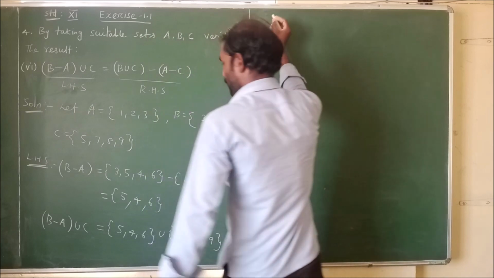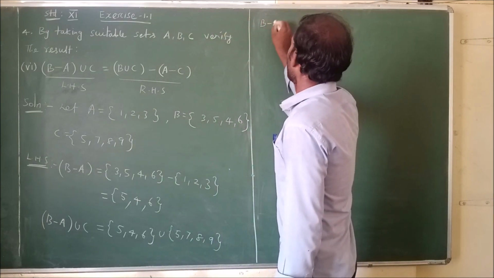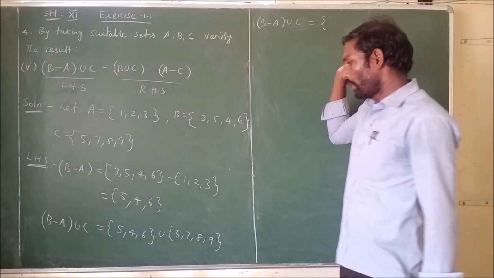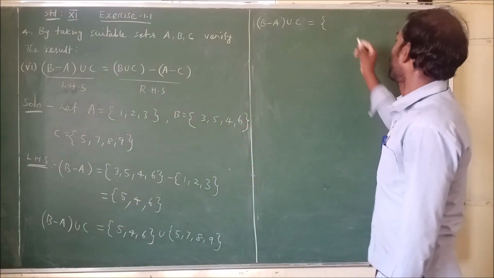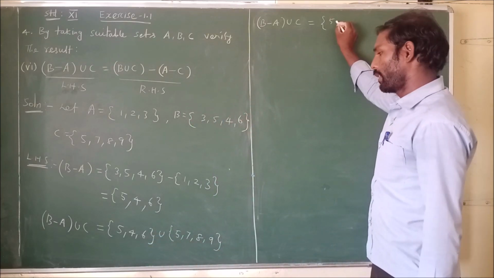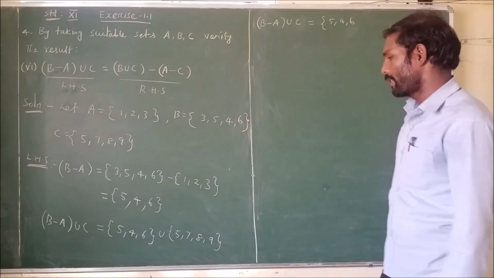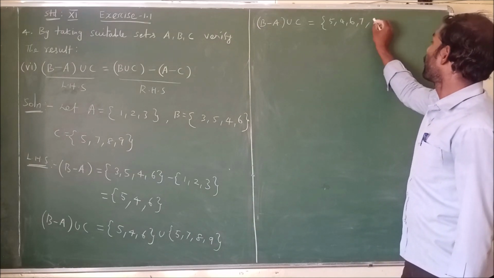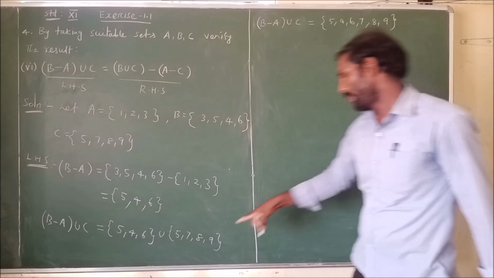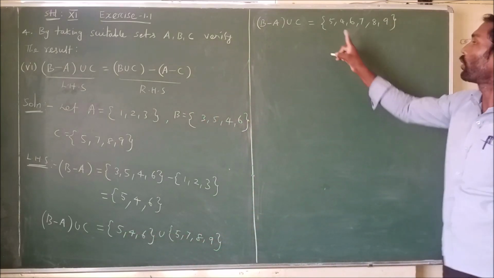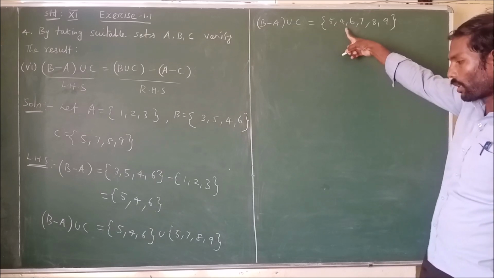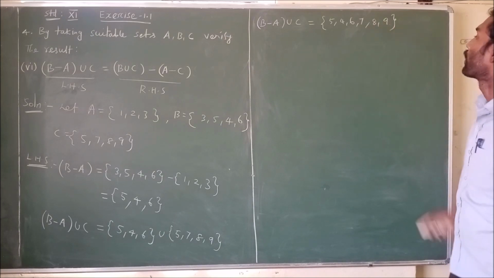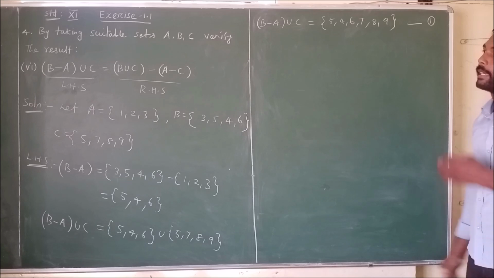So the union of the two sets: write down 4, 5, 4, 6 and the remaining entries 7, 8 and 9. 5 is the only repeated entry, so we write it only one time. The result is {5, 4, 6, 7, 8, 9}. This is equation number 1, the LHS.